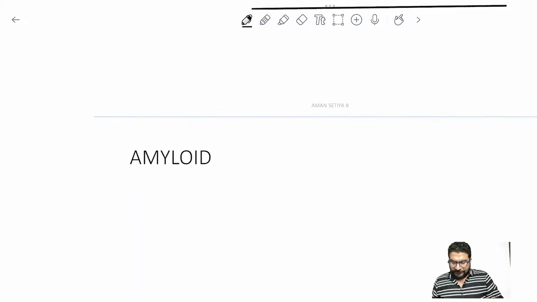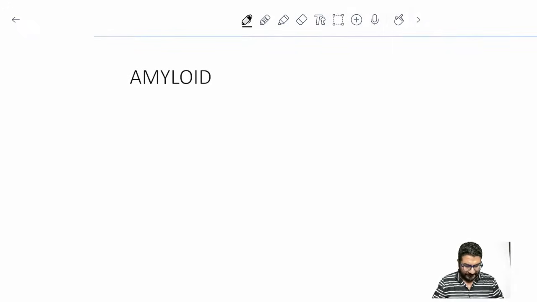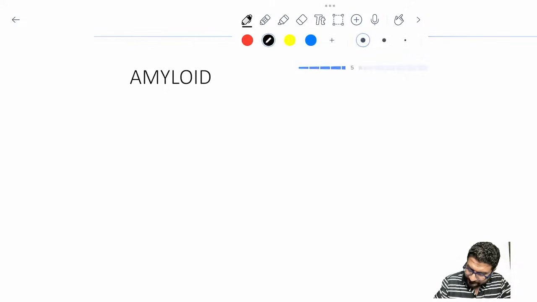Okay, now this is something which is a patho-medicine overlap thing called amyloid. So आपको exam में question पूछते हैं, they ask you like which type of amyloid you will see in which condition. So what are the types of amyloid you know? Anyone?